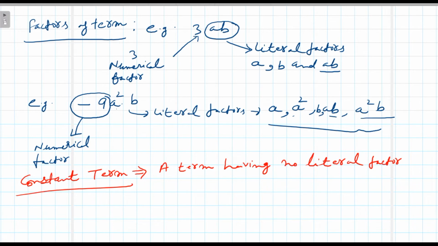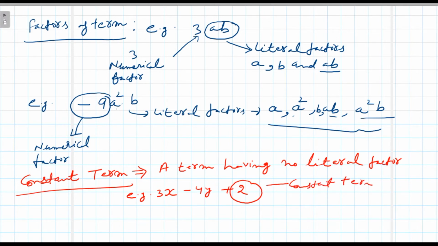For example, if I write the algebraic expression 3x minus 4y plus 2 and ask you to find the constant term, the term which doesn't have a literal like x and y is called the constant term.